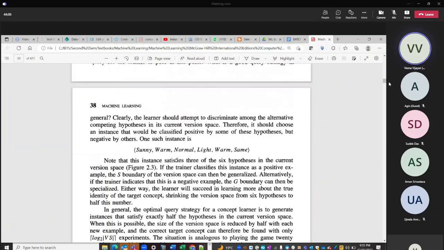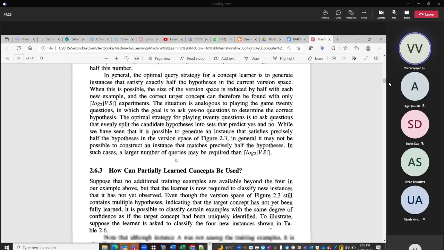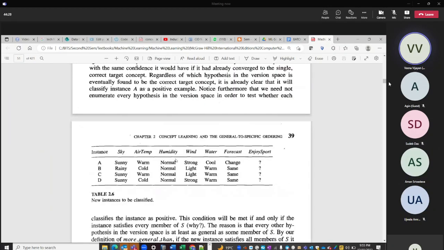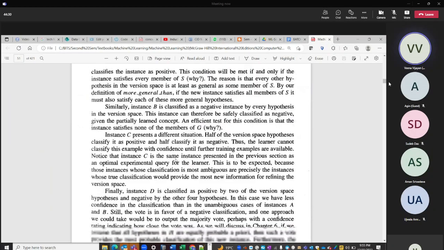Some of the entries might be outside the version space which we are defining. In that case, whatever hypothesis we have derived is a biased one. So the version space we have derived is a biased one. That's what they have defined here. You can just go through it. Maybe in the next class we can cover it.